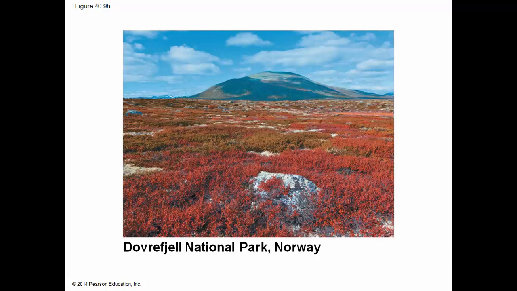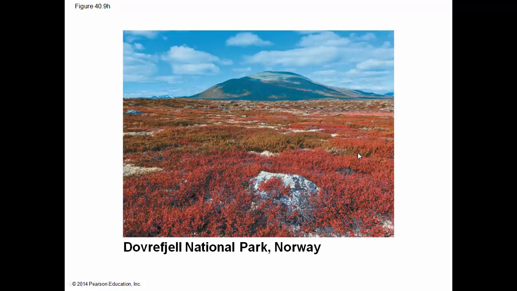Here is the Dovrefjell National Park in Norway. This is a good example of tundra. You can see the low-growing shrubs here, and you can see rocks and sand are readily apparent. It's all very close to the surface of the earth here.